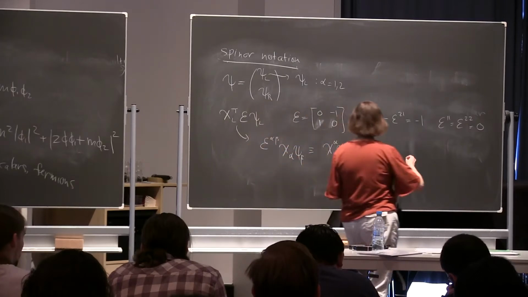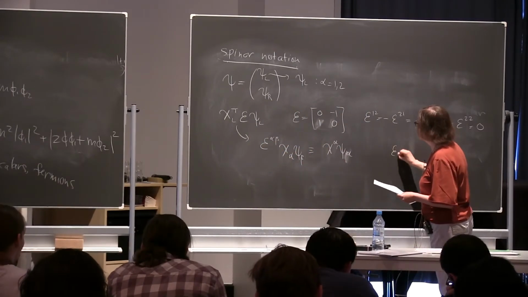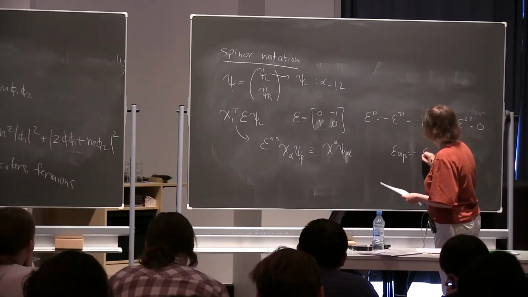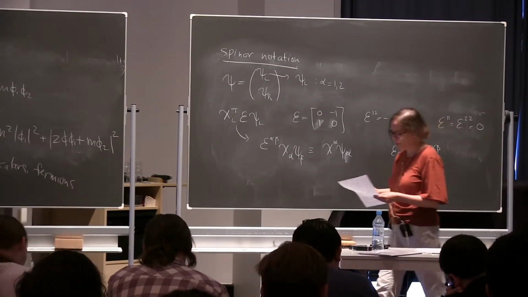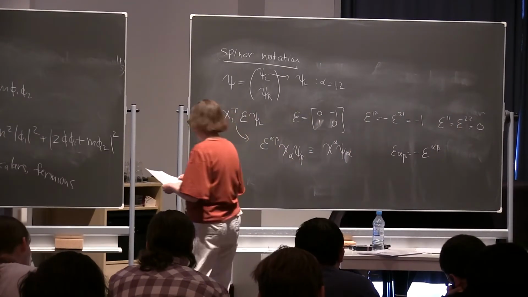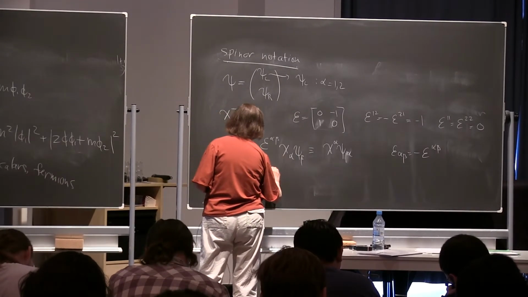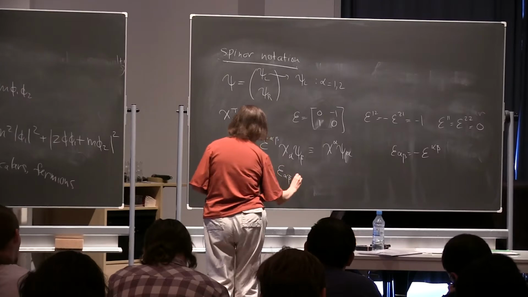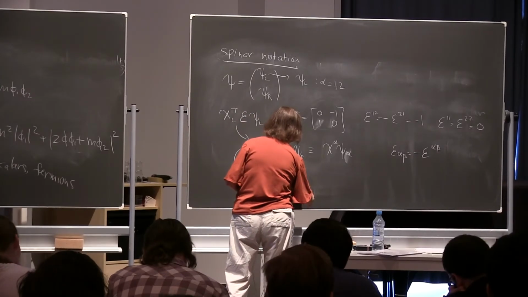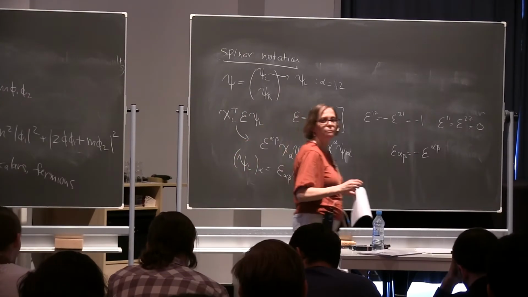And we can also define epsilon alpha beta to be minus epsilon with the upper indices. And that defines for us psi L alpha as epsilon alpha beta, psi L beta.